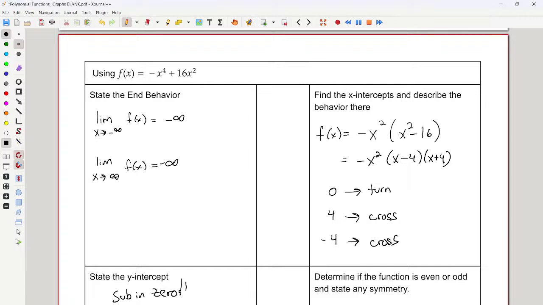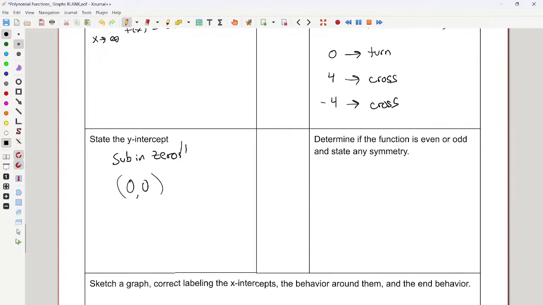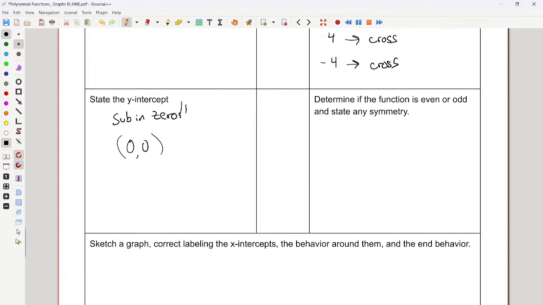Don't fall in love with the even exponent. That's just a warning. It's pretty likely, but it's not a guarantee. I would do a little more investigation like I just did. Even. Therefore, it's symmetric over the y-axis.